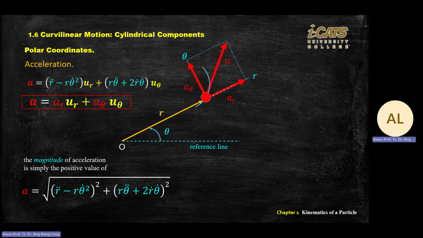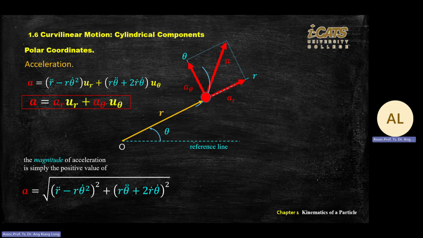Okay, so this is the slide for acceleration calculation. Your AR is equal to this bracket. If the question asks you to find acceleration in the R direction, you just use what is inside the bracket. You'll be given the R equation, you differentiate it two times. You're given the angle equation, you differentiate one time and then square it. Then you minus the value, you get AR. A theta is equal to this one and this one.